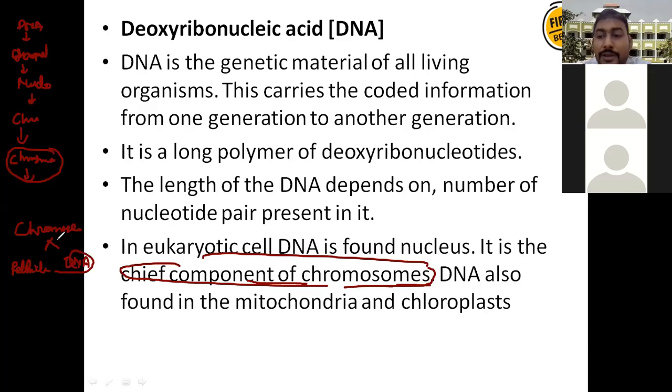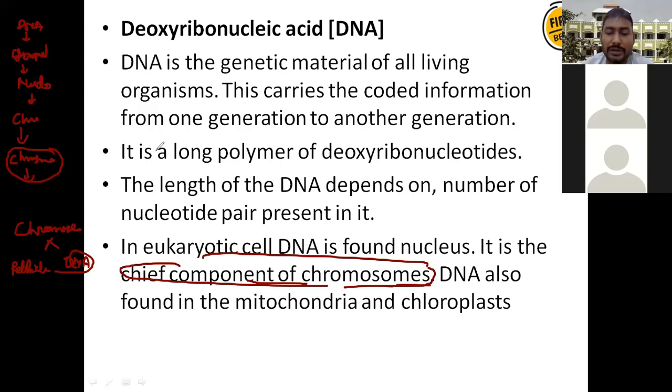Clear? This chromosome has a rod-like structure with an outer protein covering, which is the pellicle, made up of protein. The pellicle surrounds the chromosome, and inside is the genetic material, the DNA molecules.